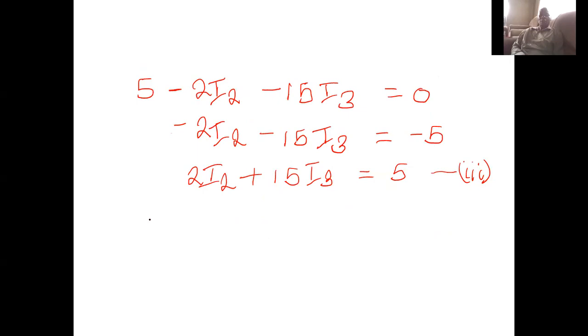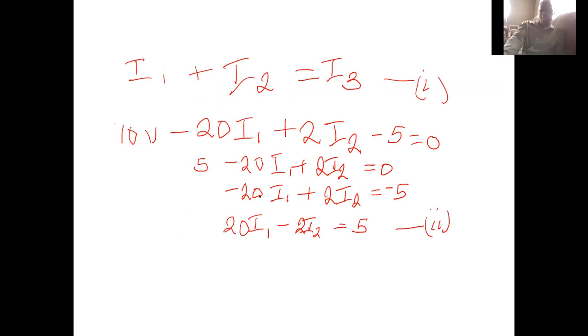So we can start from here. What we can do is that we need to remain with two simultaneous equations, which will be easier to handle. And so we can reduce these three equations into two equations. So, for example, if we have current 2 here plus 15 multiplied by current 3. Remember, we found that current 3 is equal to current 1 plus current 2.